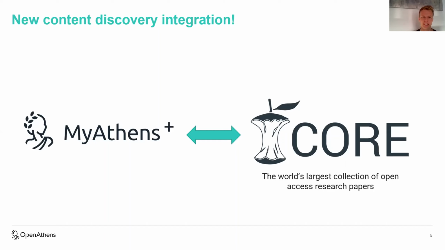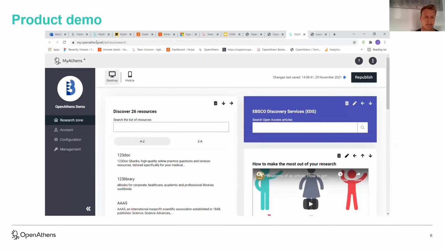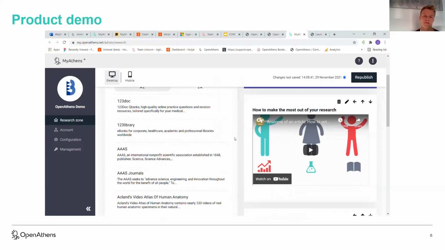I just wanted to quickly show how you can add that integration into your MyAthens setup, and then also what that will look like from the user's perspective. So you can see here the admin view of MyAthens, and this is where you navigate to add the Core discovery service.